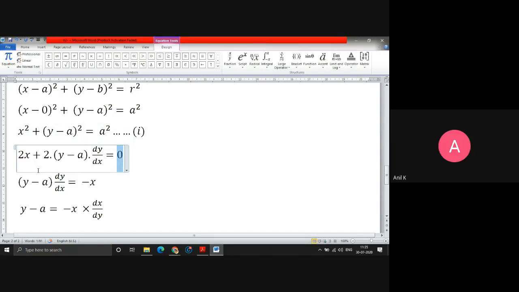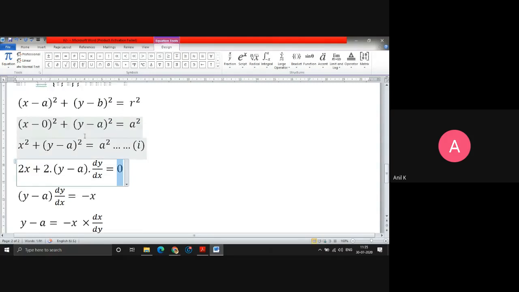Just a minute. 2x plus 2 into y minus a. And I get this y minus a value is this one. From here we cannot get x value. If I put this one, then everything will get cancelled.